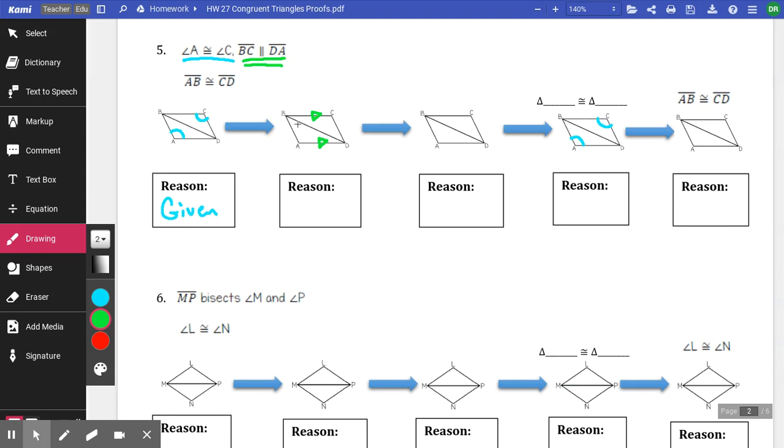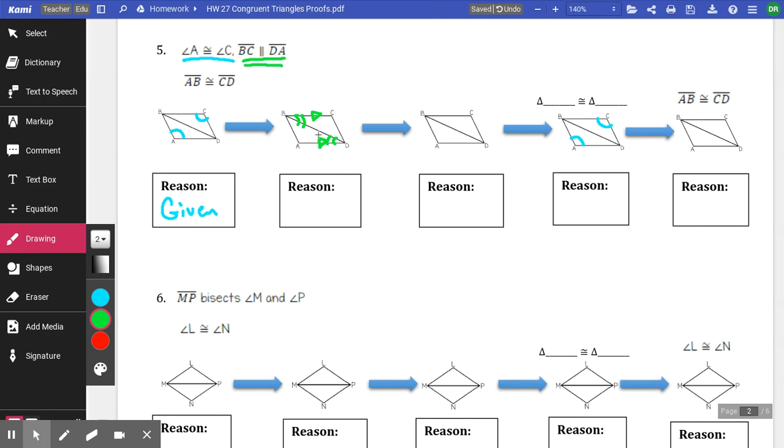But only one set of those is created by the parallel lines. So we don't want to talk about this angle here because this angle was not created by either of the parallel lines. We want to talk about this angle above the transversal because we can see one of the sides is the top parallel line. And we also want to use this angle because we see one of its sides is that bottom parallel line.